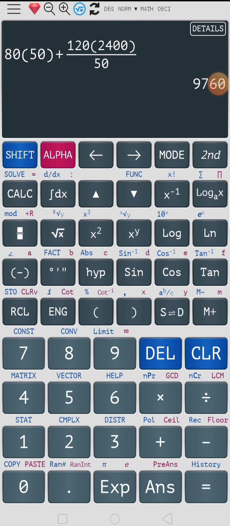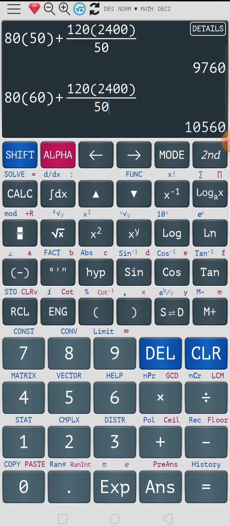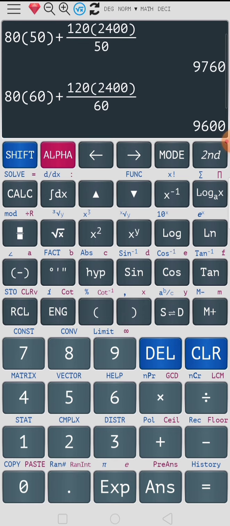So again, let's try another value. A while ago, for 60, this is the equation for cost, it gave us 9,600 as our total cost for fencing. If we try lesser than 60, that's 50.